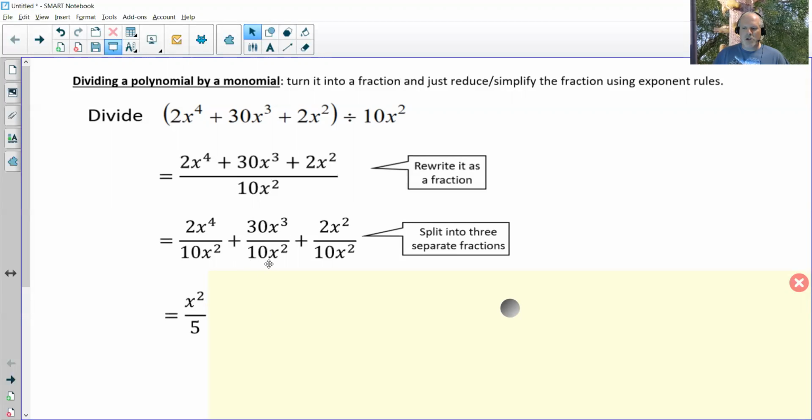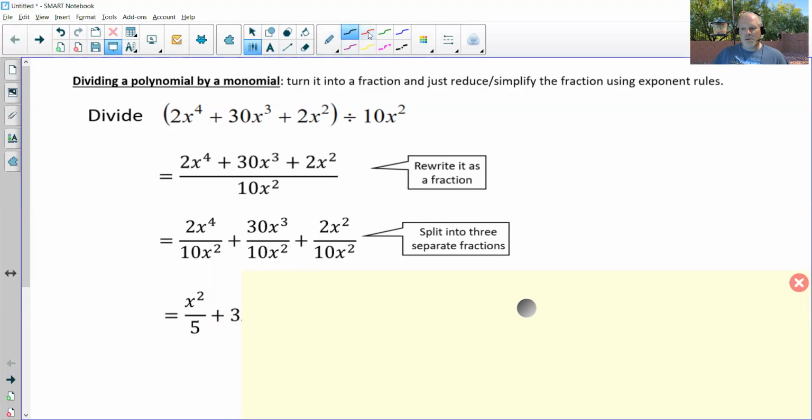For the second fraction, 30 divided by 10 is 3. So I know that it starts out with a 3. X cubed over x squared, well, both of these x's are going to go away with 2 of the 3 x's in the numerator, leaving me with 1x in the numerator.